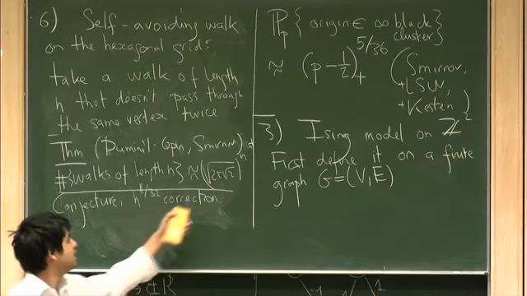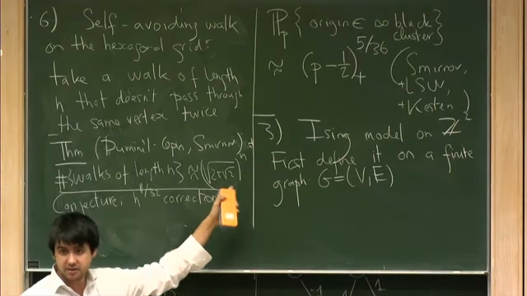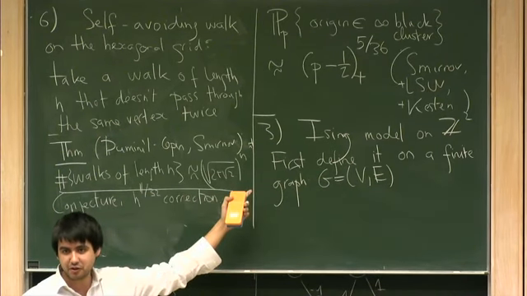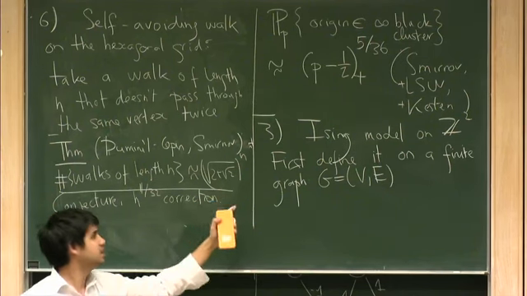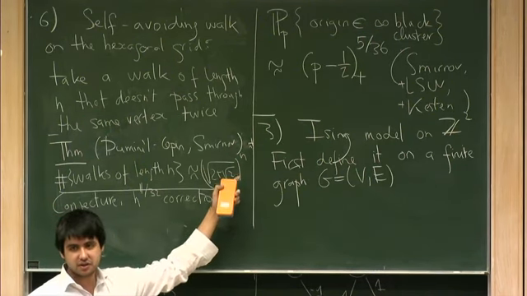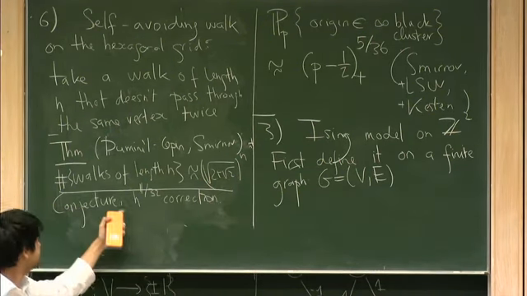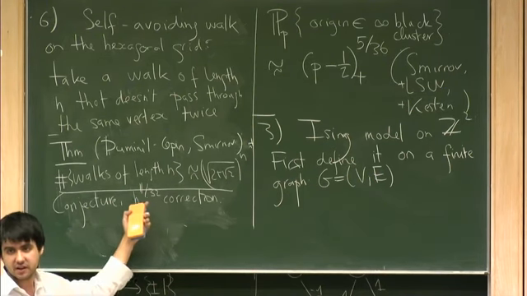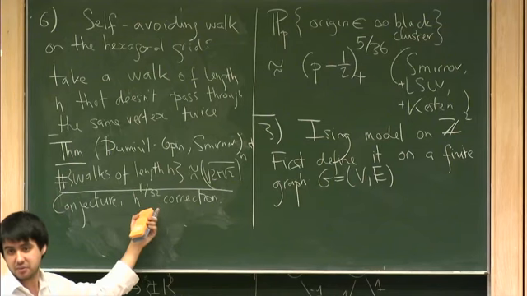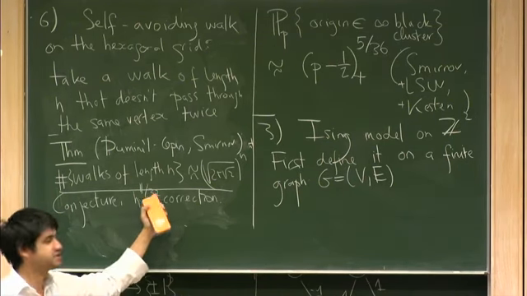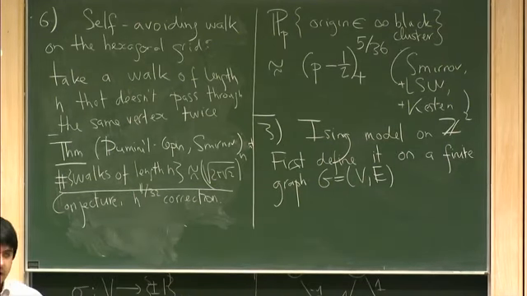It grows exponentially fast, and that's the order of the exponential growth. The interesting thing is that this exponential growth is now known, but there's a polynomial correction to it, and it's of an interesting power, 11 over 32.